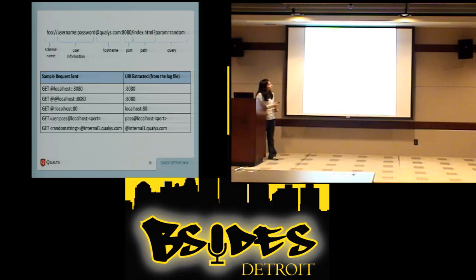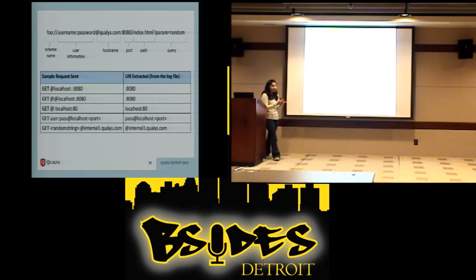Okay, so I have the URL with a scheme here, and then now we have a patch target, and we're trying to create new proof of concepts, new exploit strings to see if we can bypass the patch. So I sent out around 20 to 25 different sample requests, but I'm just listing a few here.